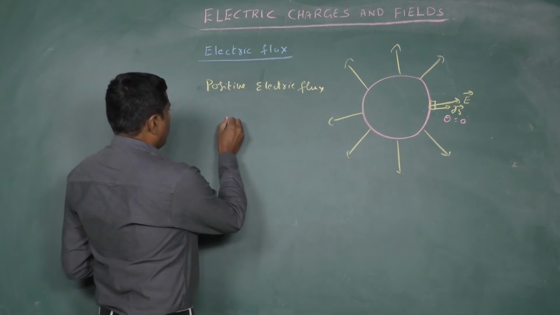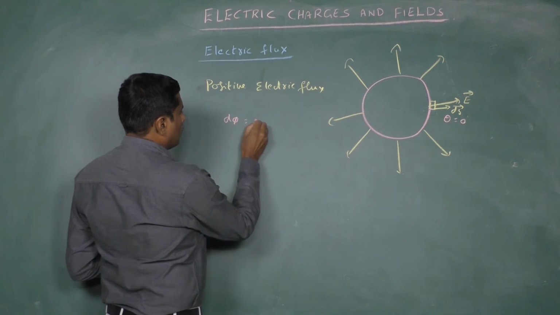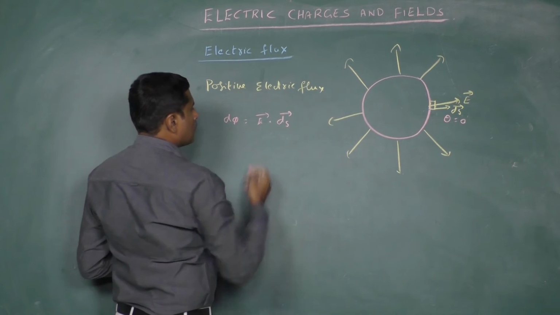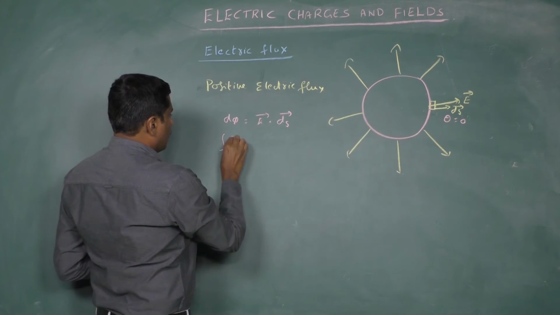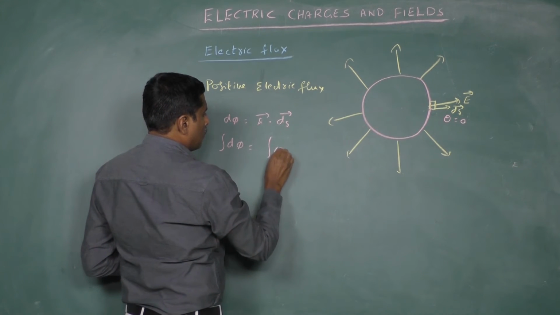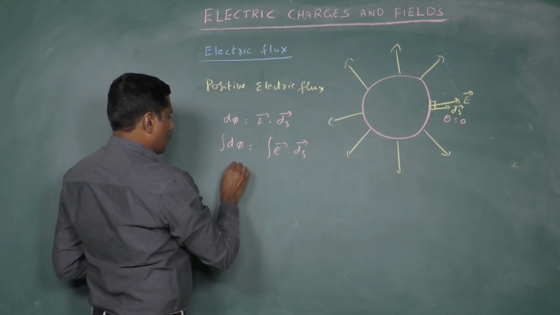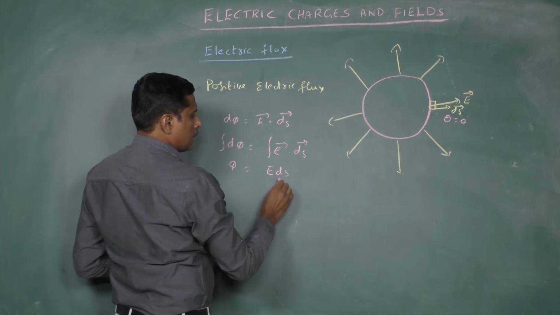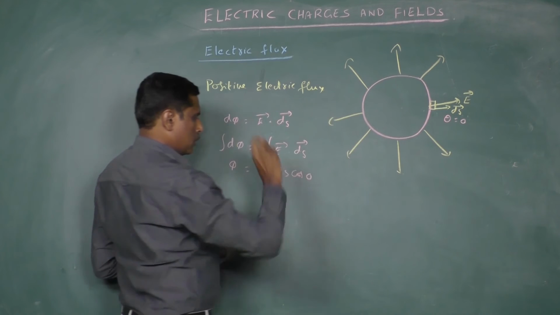So we can write the flux through the small element, d phi, is equal to E bar dot ds bar. Now the total flux, integral d phi, is equal to integral of E bar dot ds bar. Now phi is equal to integral E ds cos 0.